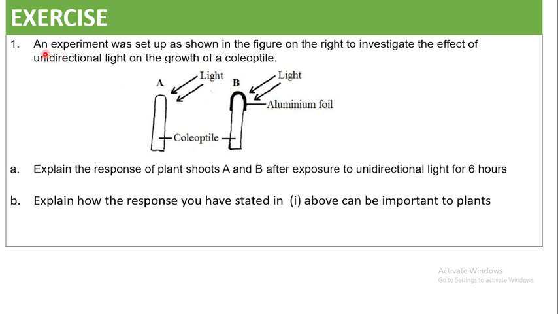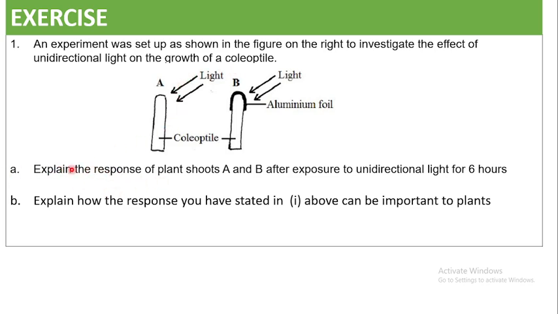Before I go, I have a question for you here. An experiment was set up as shown. So this is an experiment that was set up in the figure. To investigate the effect of light on the growth of a coleoptile plant.